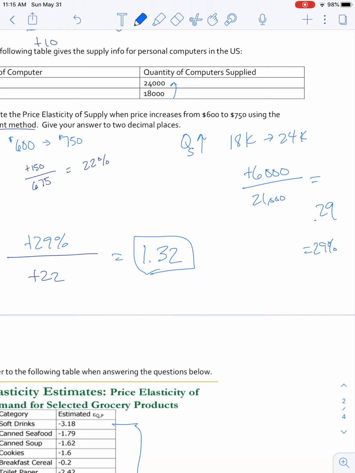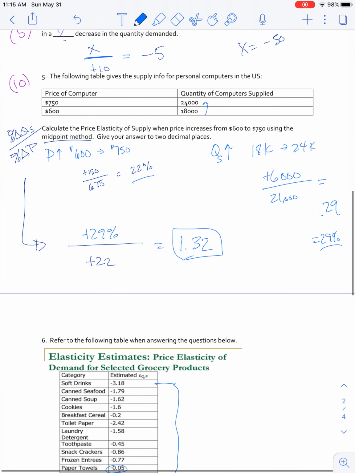Now, if you had brought along a couple more decimal points and didn't round to 22% and 29%, you might get something slightly different in the last digit. But that's close enough for our purposes. The price elasticity of supply in this case would be 1.32.